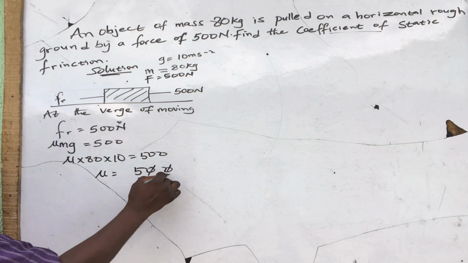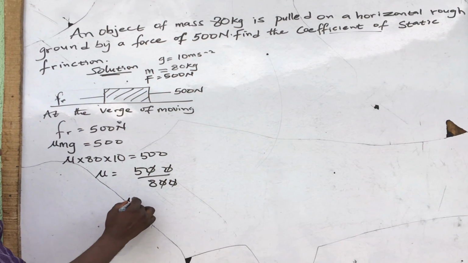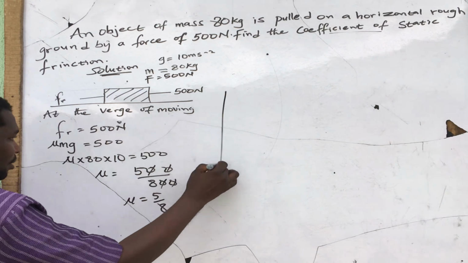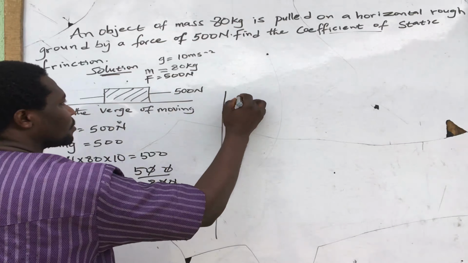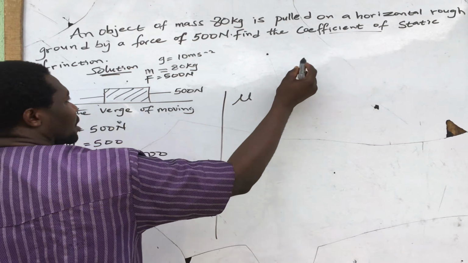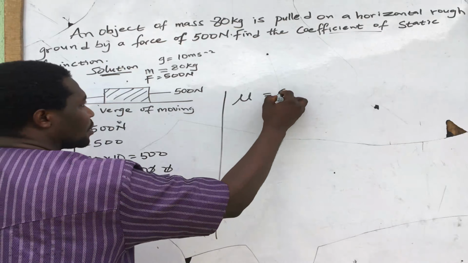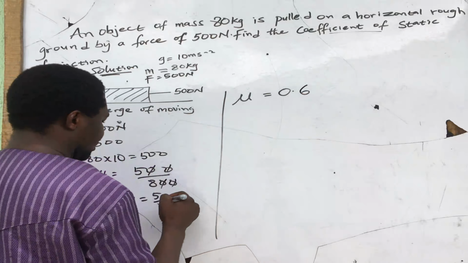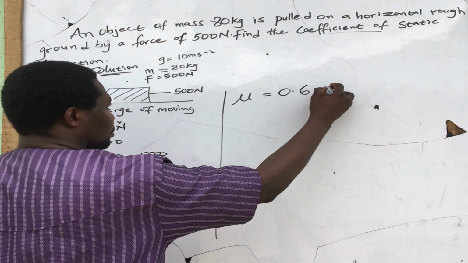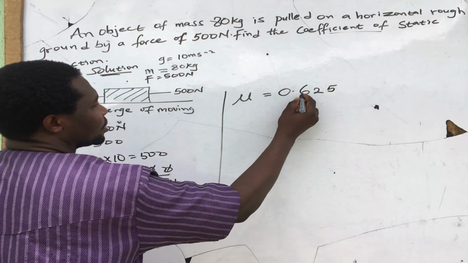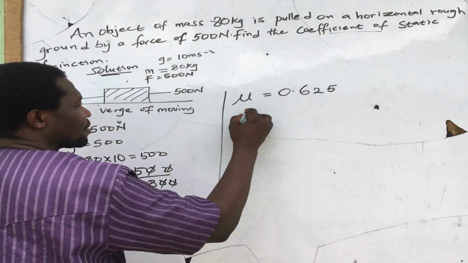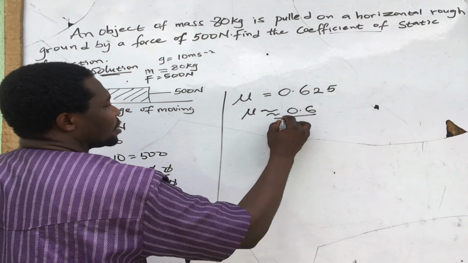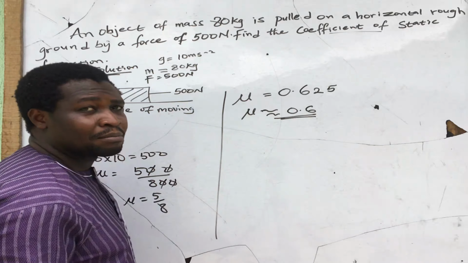If I cut this, it equals 5 over 8, and as we have that, the coefficient of static friction will equal 0.625, and this is approximately equal to 0.6 to 1 decimal place.